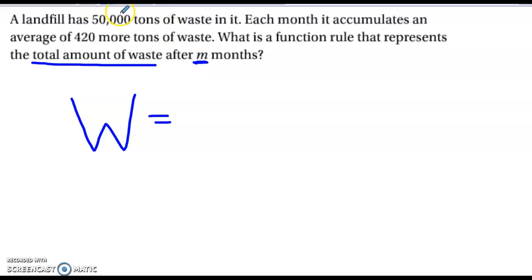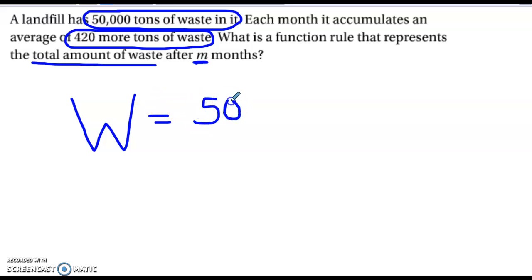So the landfill already has 50,000 tons in it, and it gets 420 more tons every month. Ew. All right, so it already has 50,000, right? That's the starting point, 50,000.